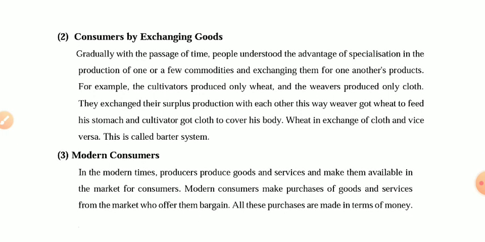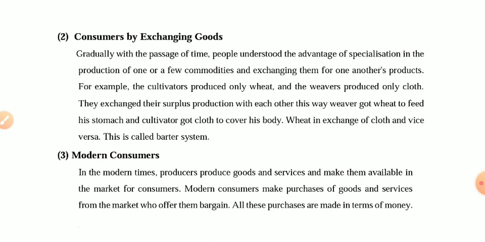The second one is consumers by exchanging goods, also known as the barter system of exchange. In this type, people produce different types of goods and services and exchange them for one another. For example, the cultivator produces only wheat and the weaver produces only cloth.